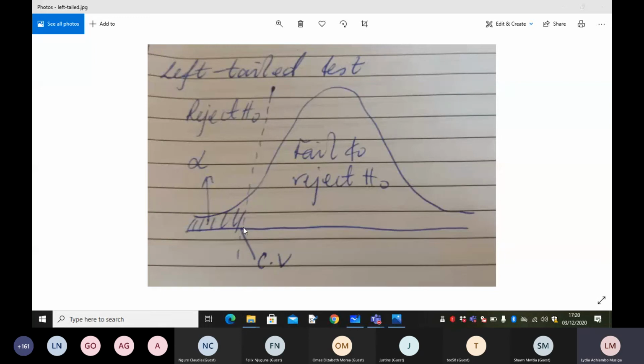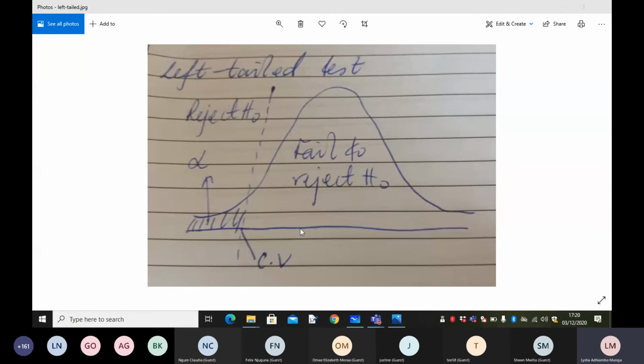To the left of the critical value, the rejection region is of size alpha. The rejection region is the one which is shaded. It is of size alpha. To the right of the critical value, we have the non-rejection region.